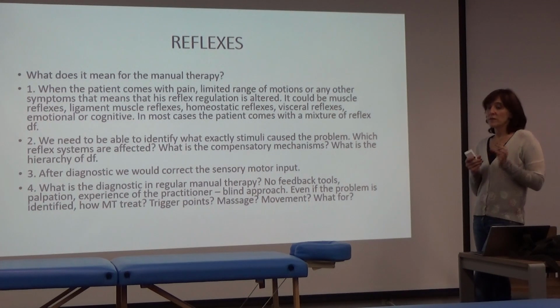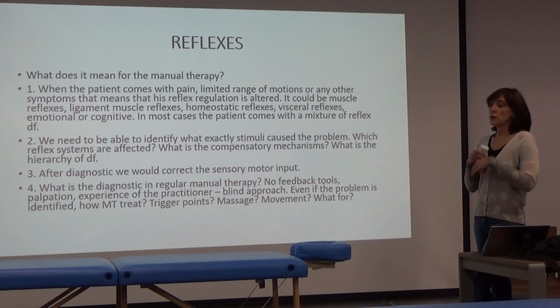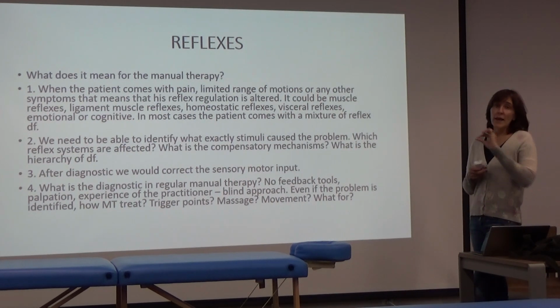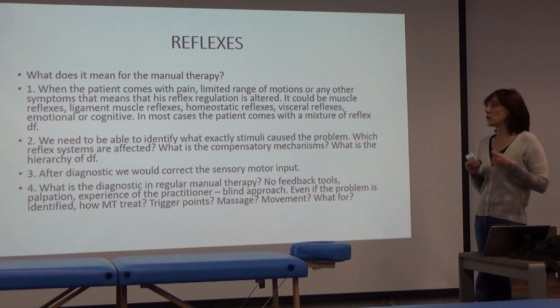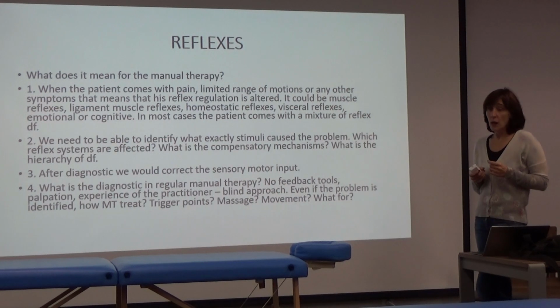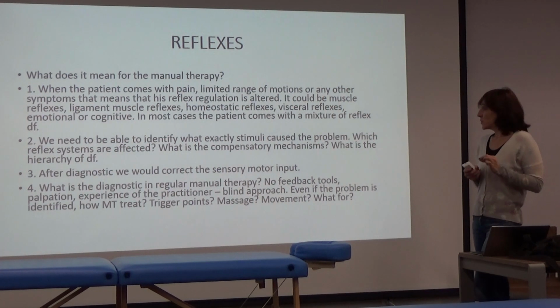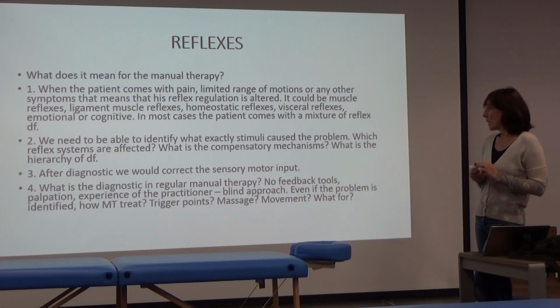Because if we have one reflex altered, for example a muscular reflex, then we could have alteration of a visceral reflex, or ligament muscle reflex alteration, and it all comes in layers of different dysfunctional responses. Then we should be able to diagnose all that and give the proper stimulus to correct the certain issue.